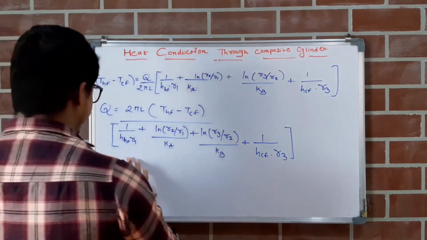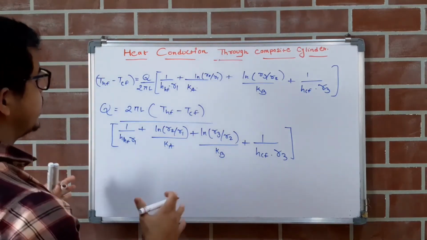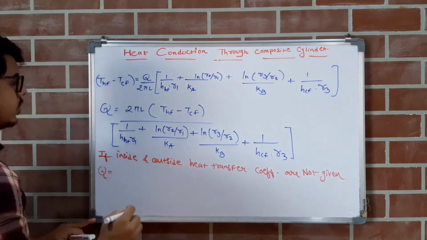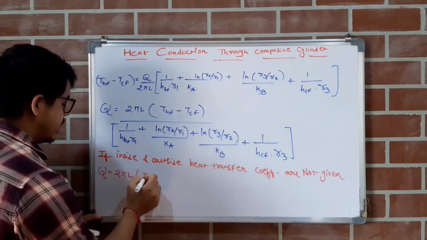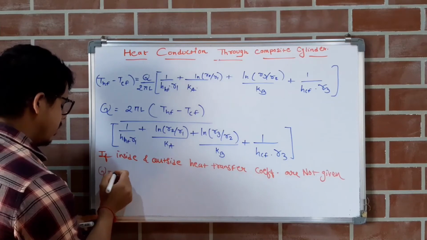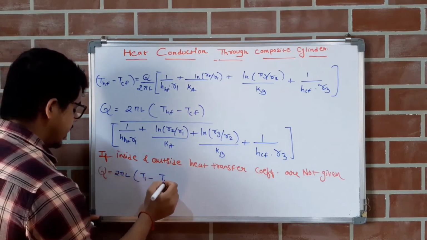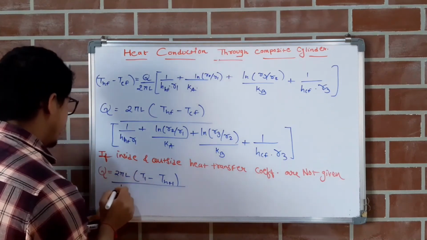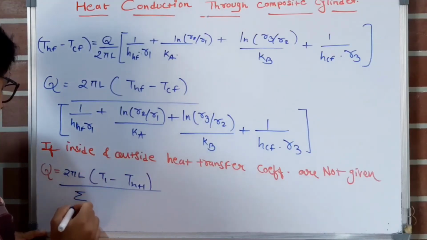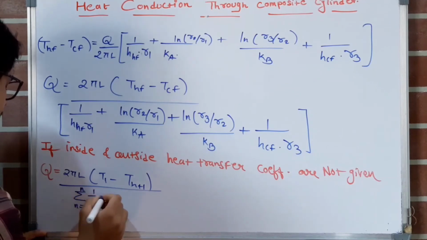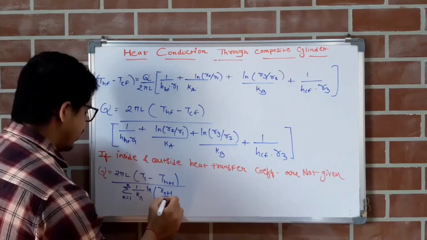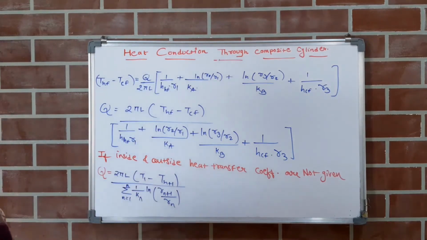You have to write that if the inside and outside heat transfer coefficients are not given, then Q is equals to 2 pi L into T1 minus Tn plus 1 upon sigma n takes value 1 to n into 1 upon Kn into ln of Rn plus 1 upon Rn will be this equation, right?